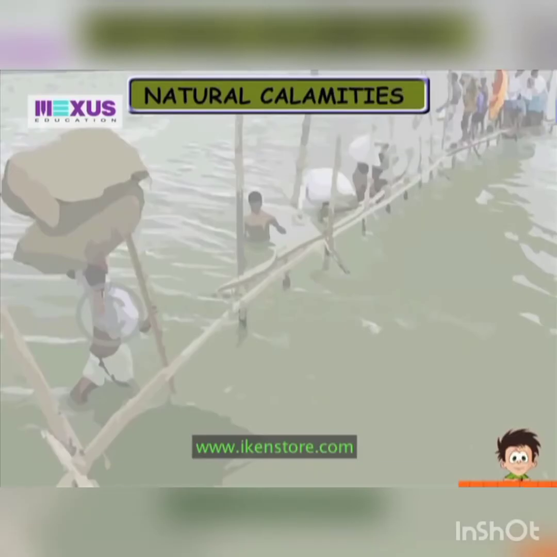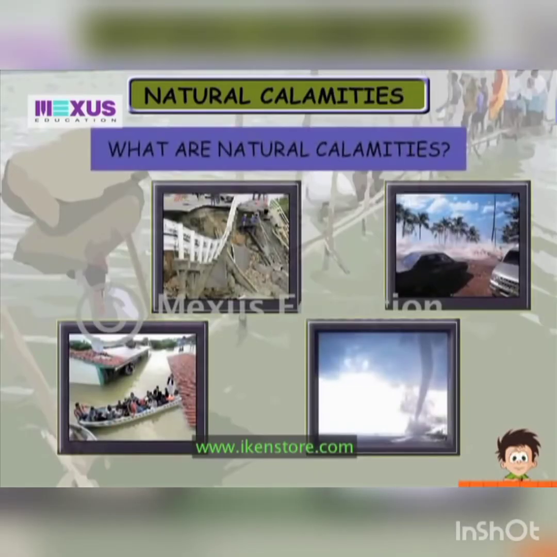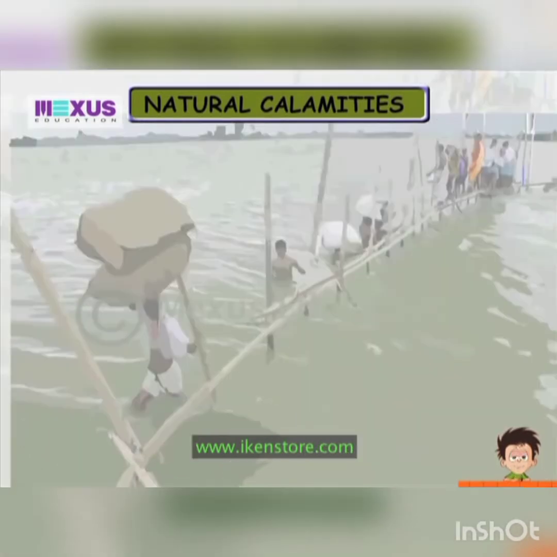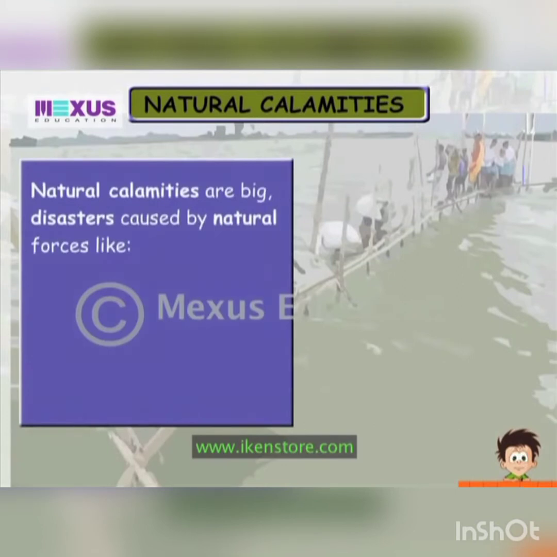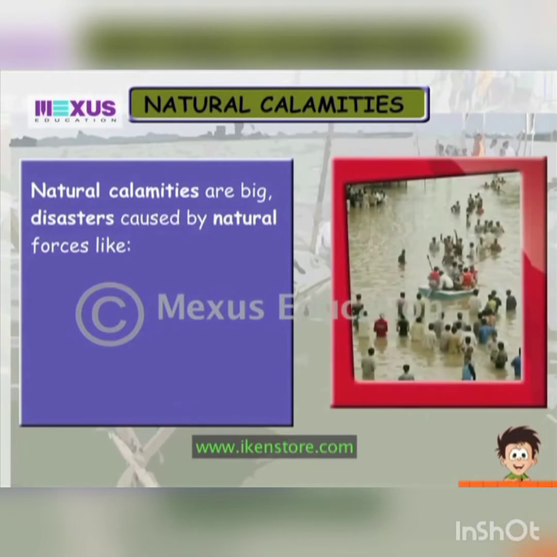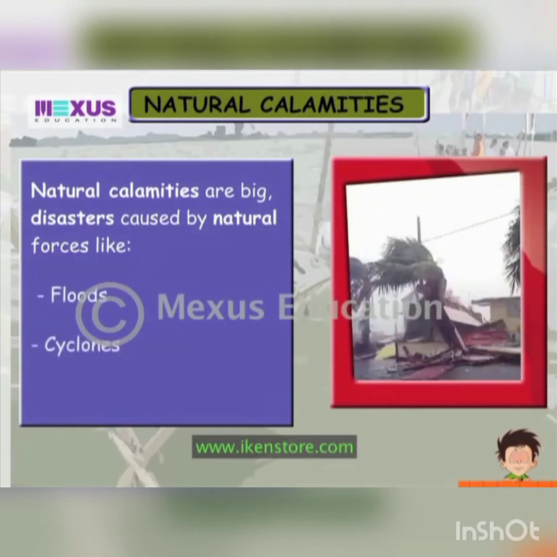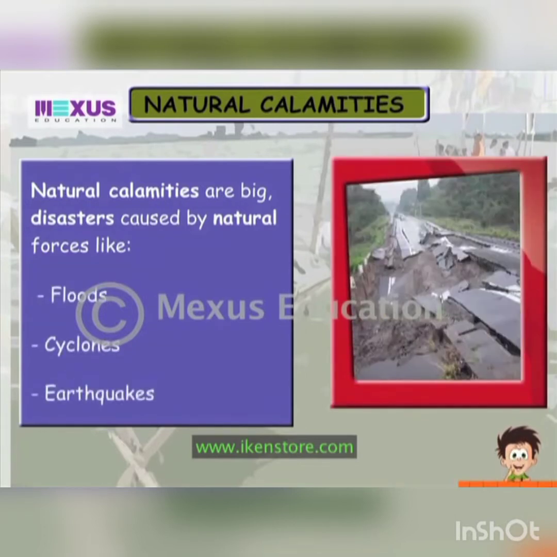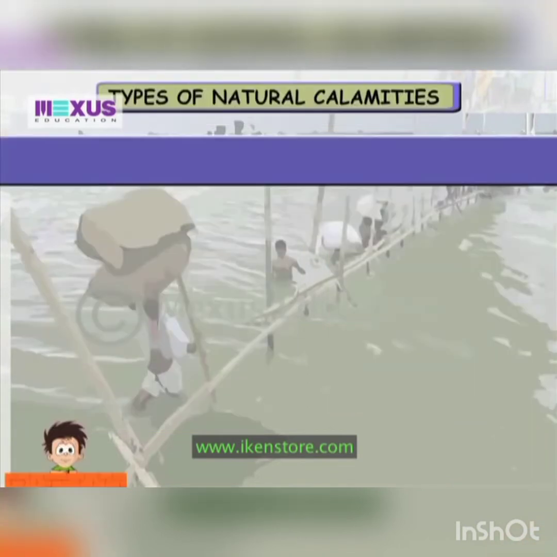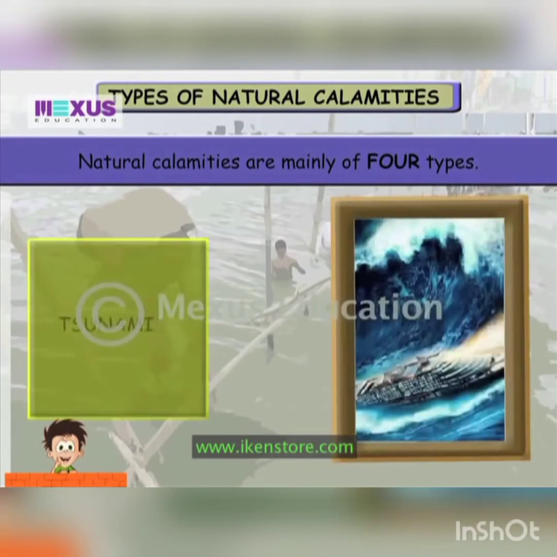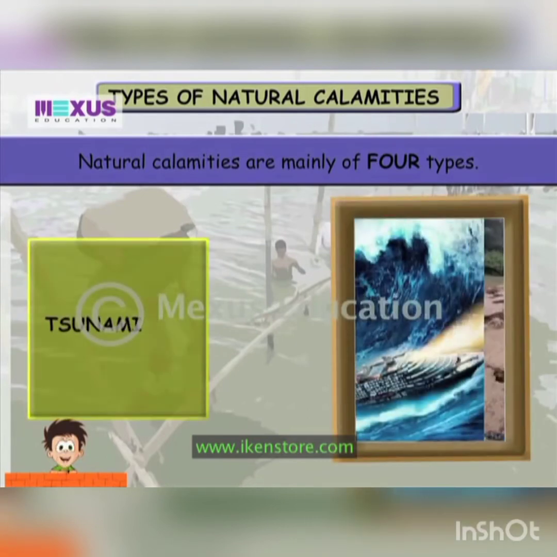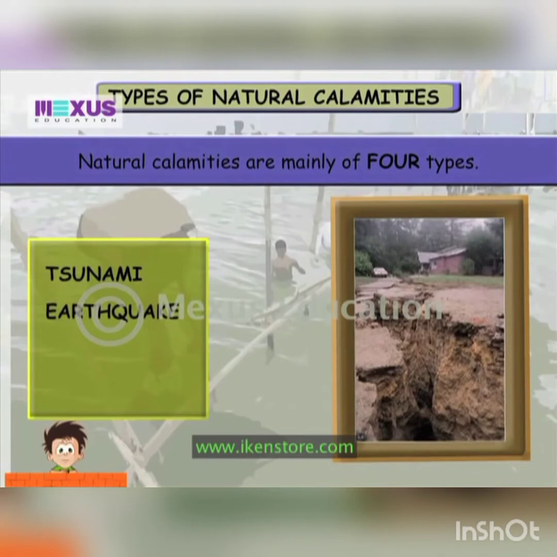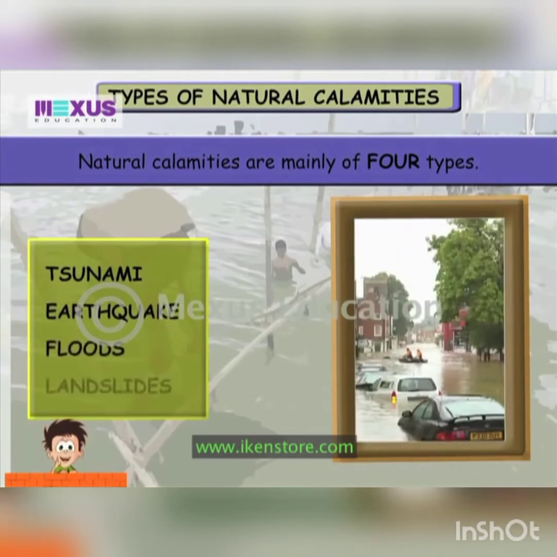Types of What are natural calamities? Natural calamities are big disasters caused by natural forces like floods, cyclones, or earthquakes. Natural calamities are mainly of four types: a tsunami, an earthquake, floods, and landslides.